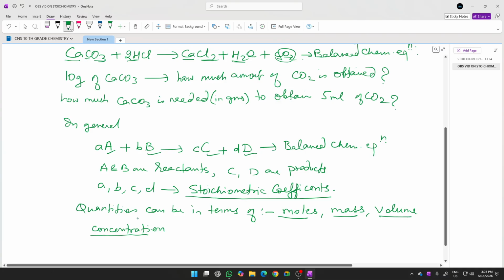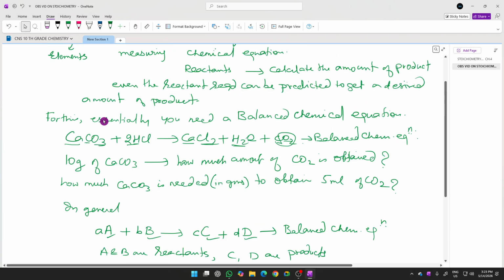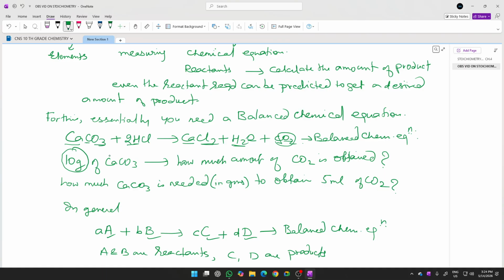In the question where I tried to explain the meaning of stoichiometry, I asked, if 10 gram, can you see here? If 10 gram of calcium carbonate is given to you, this calcium carbonate is one of the reactants, and that quantity is measured in terms of grams, in terms of mass. So mass is given for calcium carbonate.